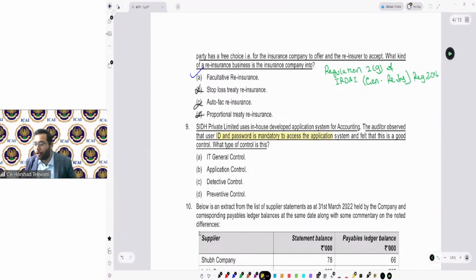Now, which kind of control do you think it is? The given options are IT general control, application control, detective control, or preventive control. Whatever your answer is, I want it with a reason. Namrata, Janvi, Sumit, with reason. Why that control?